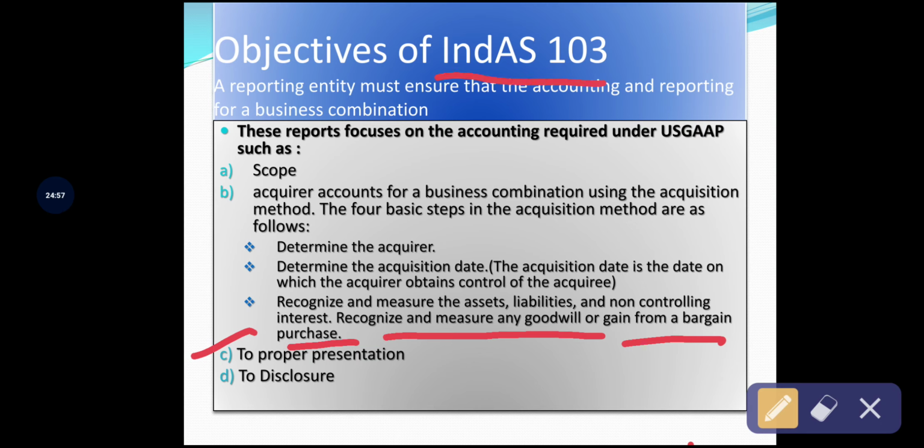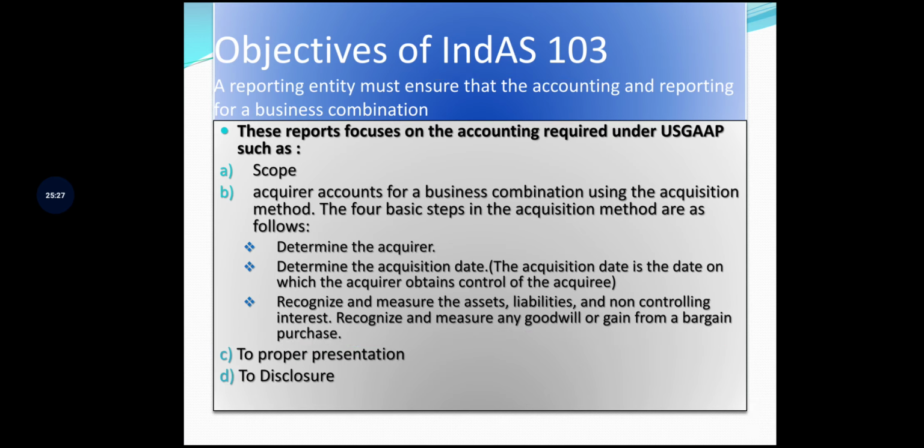The last objective is the proper disclosure of the accounting policies related to business combinations. We have to consider all the accounting policies, whether they satisfy the conditions of business combinations or not. These are the various objectives of the Indian Accounting Standard.